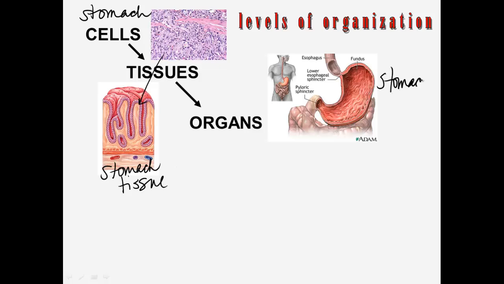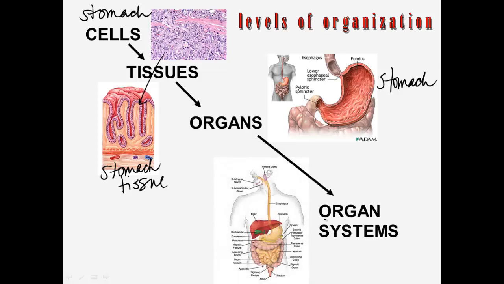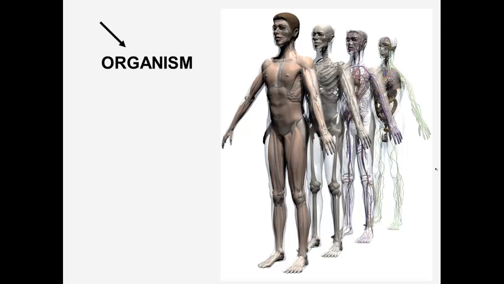So the stomach is an organ made of stomach tissue. And if you put a whole bunch of organs together that work for one common purpose, then you have an organ system. So the stomach, along with the liver and the colon, makes the digestive system. And of course, if you put a whole bunch of systems together, then you've got an organism.